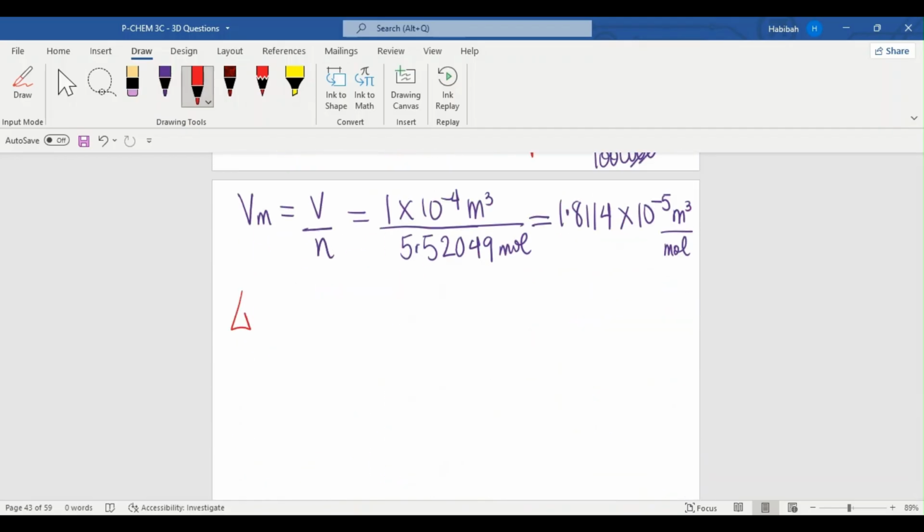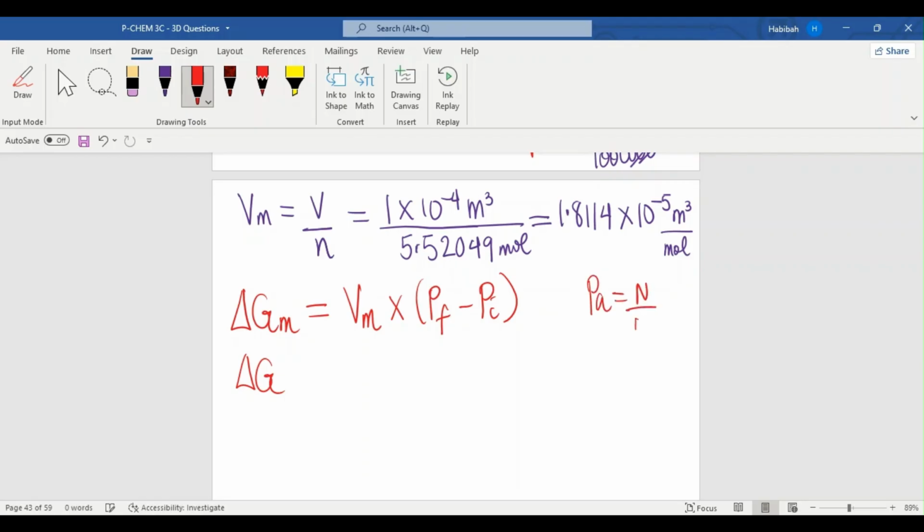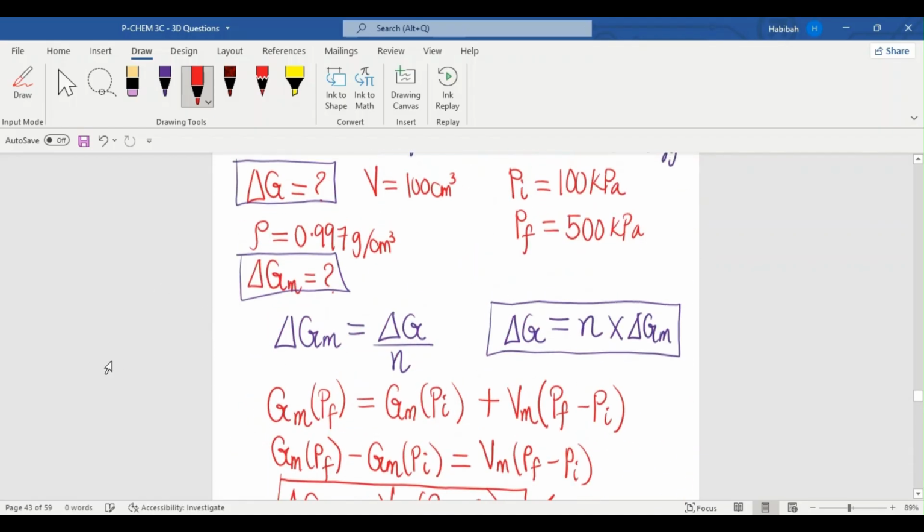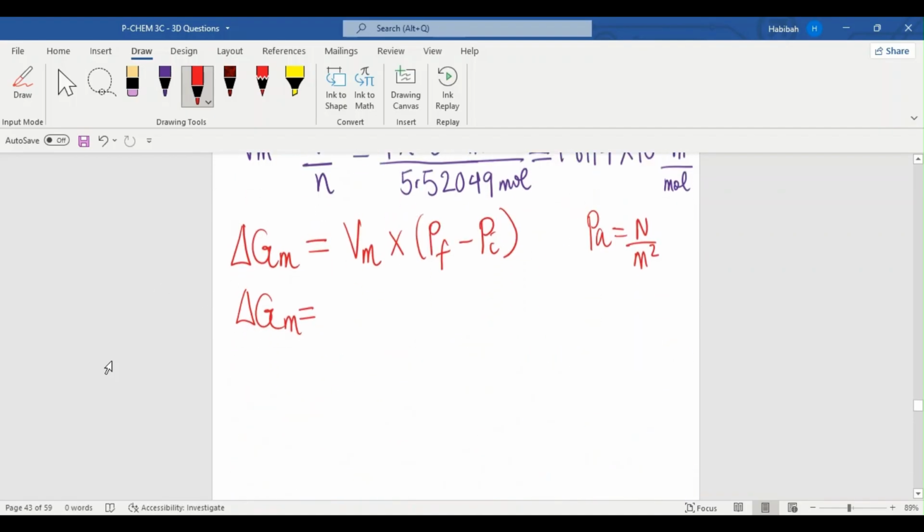So I'm just going to rewrite the equation. Change in molar Gibbs energy is going to simply be molar volume times P final minus P initial. Remember, Pascal is the same thing as Newton per meter squared. So let's not worry about that. We're just going to simply substitute for pressure because we don't actually have to convert the units at all. It's at the proper units that we want.